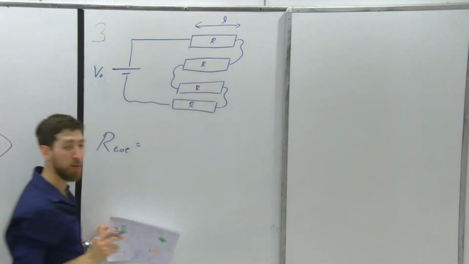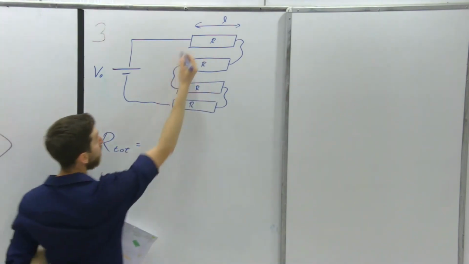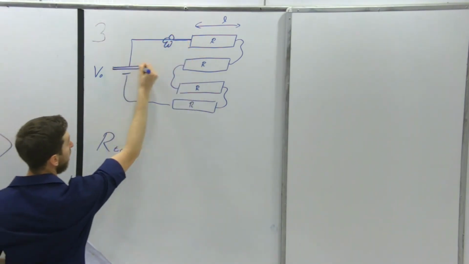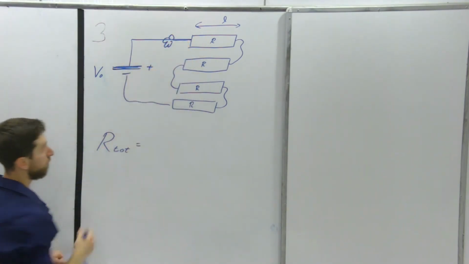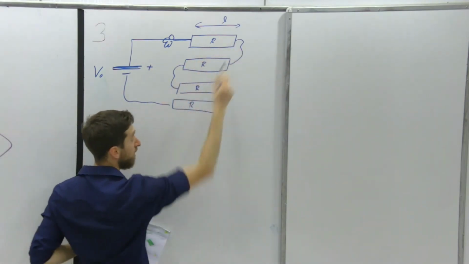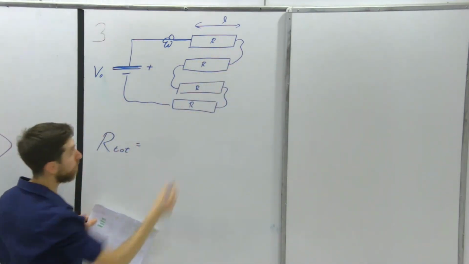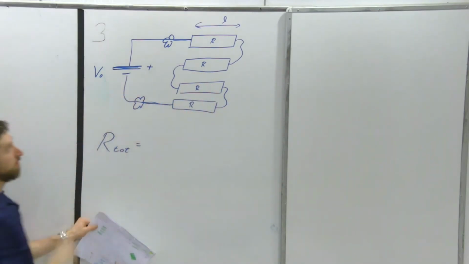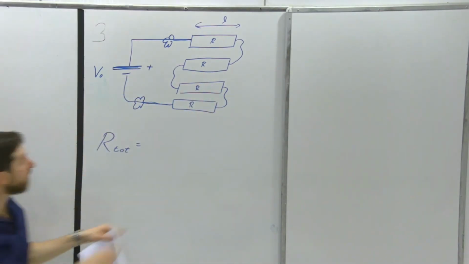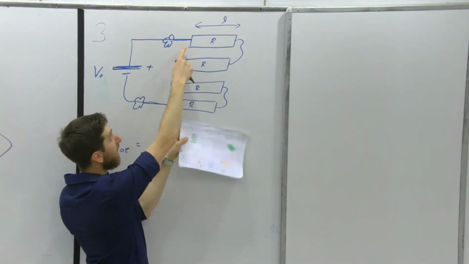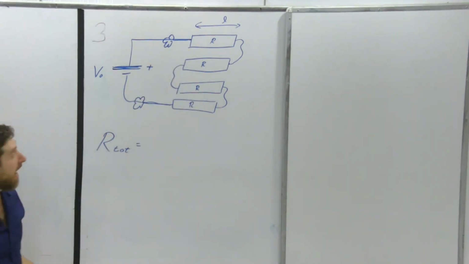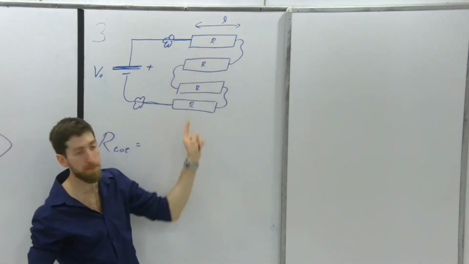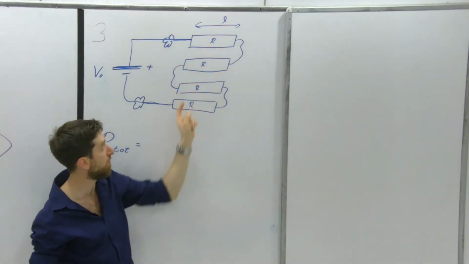So what is actually going on? Let's imagine this is the hand: one resistor is holding the voltage, and the other resistor is touching another resistor, and another, and the last one is touching the battery. So only the end ones are touching the battery, and all the rest are connected to the top and bottom one, the last and the first.